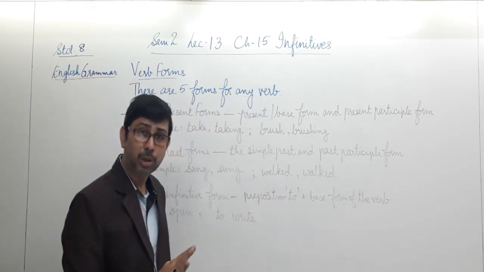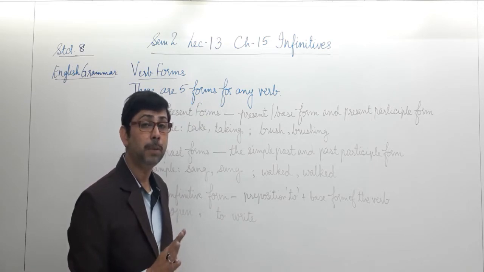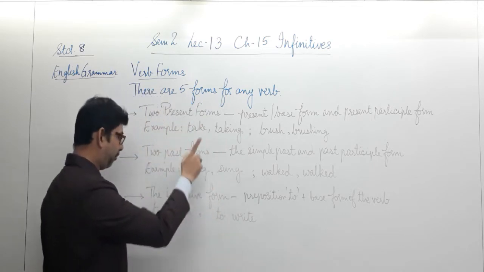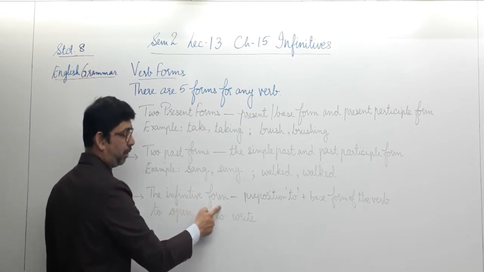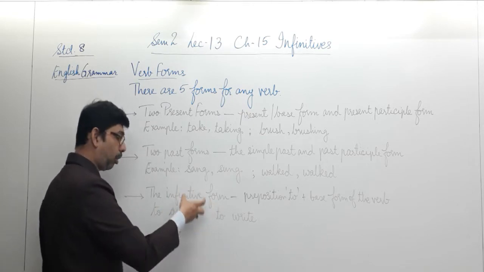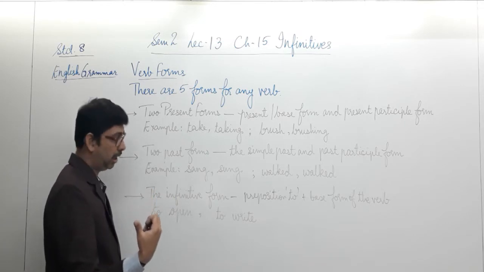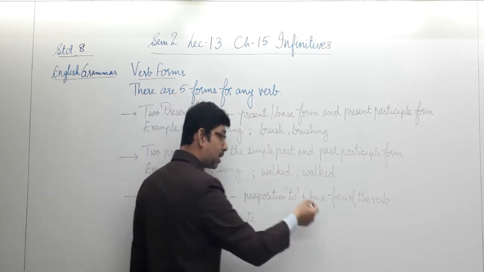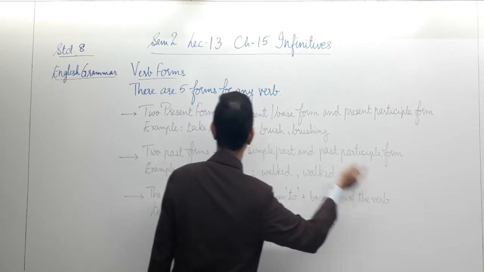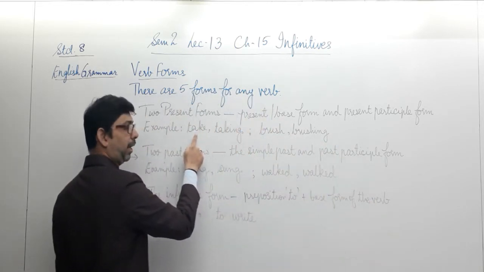So we just refreshed about 4 different forms of verb, and finally the 5th one, the infinitive form, is very important. Pay attention because this is what we are going to learn in the infinitive section. Preposition to plus the base form of the verb. We just understood about the base form, isn't it? Take.